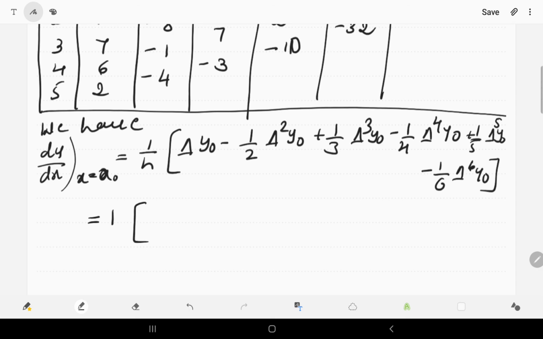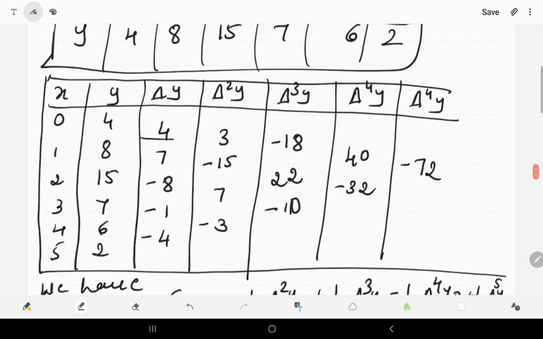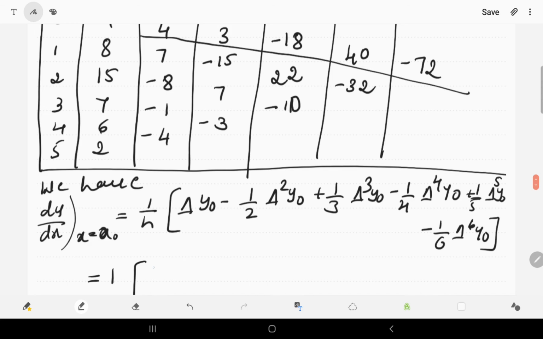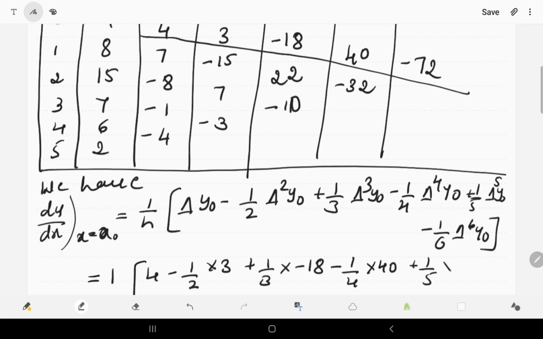Delta y naught is 4, minus 1 by 2 into 3, plus 1 by 3 into minus 18, minus 1 by 4 into 40, plus 1 by 5 into minus 72.